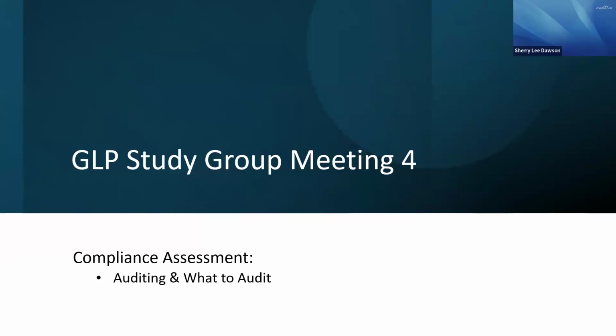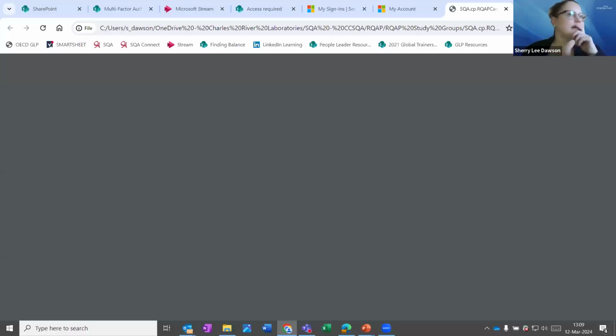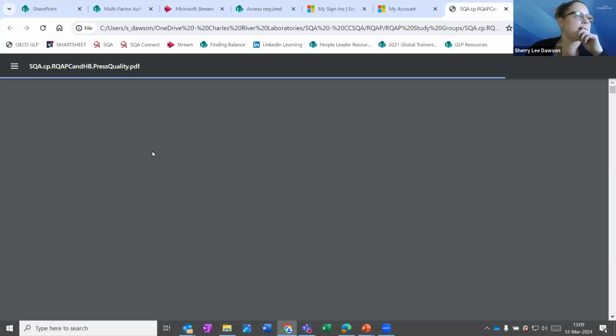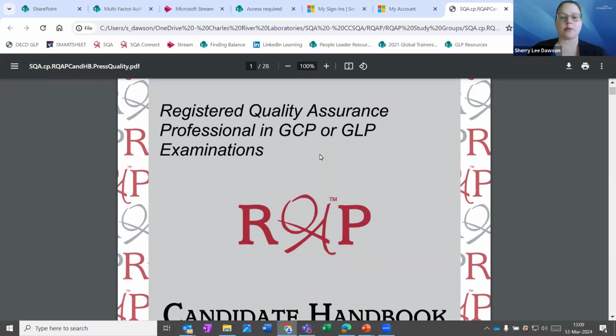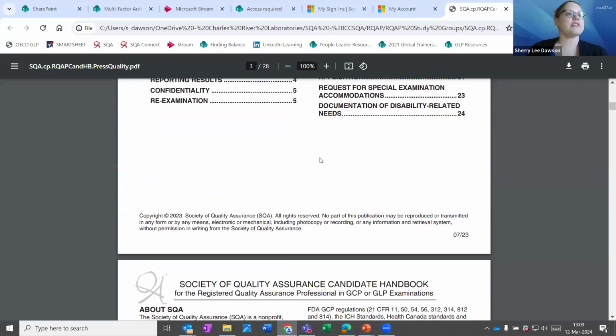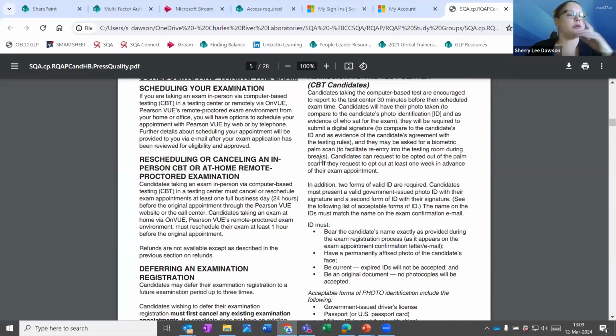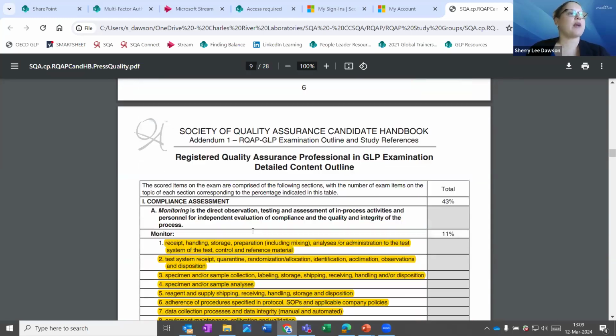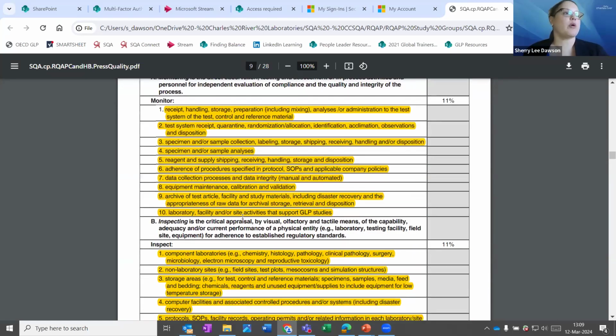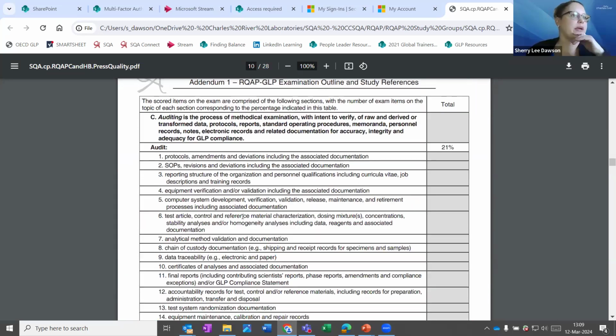If you go to the SQA website and the study materials for the RQAP exam for GLP, this is the document that is available. All the different topics that we had have come from here. Yours won't be highlighted yellow. I've highlighted it when I started preparing them.